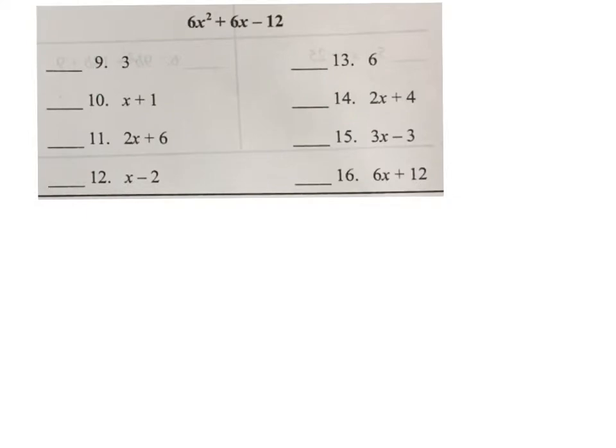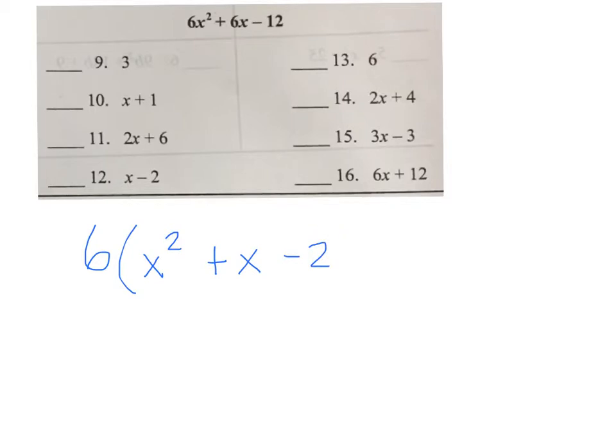On this problem, we have 6x squared plus 6x minus 12. Before I try to write this in 2 binomials, I'm going to factor the 6 out, right? So when I factor the 6 out, I'll write 6 times what? X squared plus 1, plus 1 what?